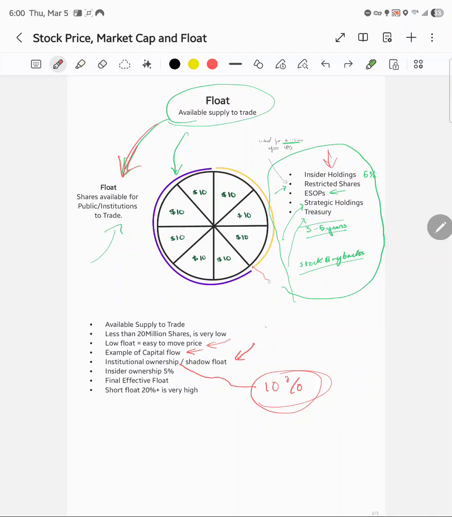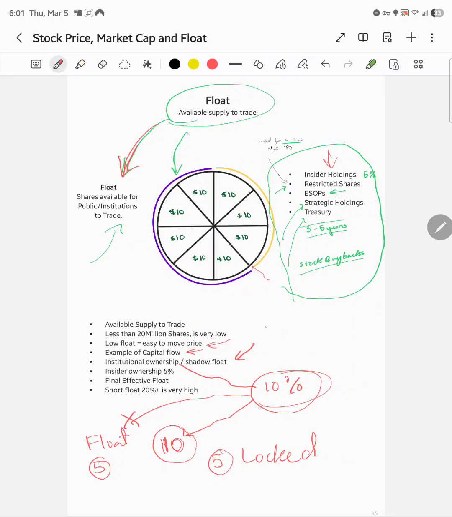So for example, let's say a company has only 10 shares total outstanding, 5 are locked for some reason, and 5 is the float. The 10% is going to be from the total, not the float and not the locked.